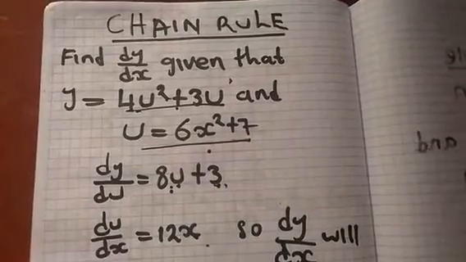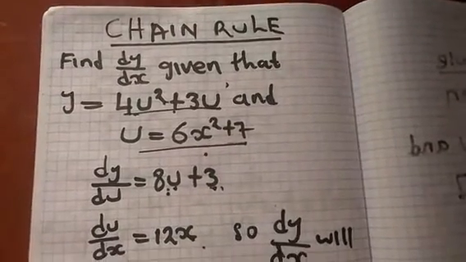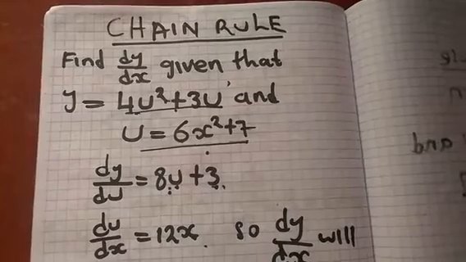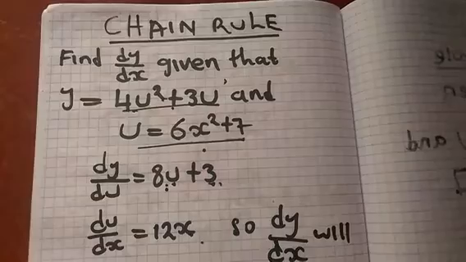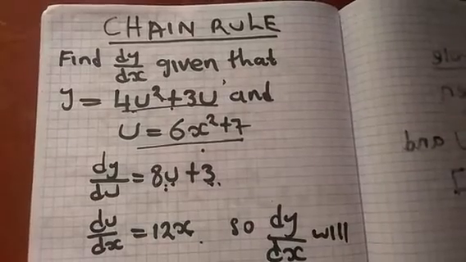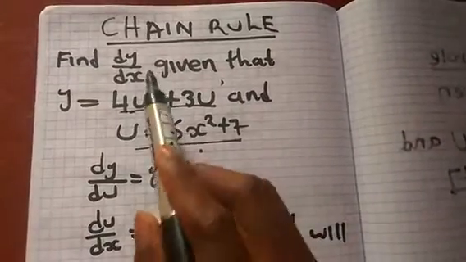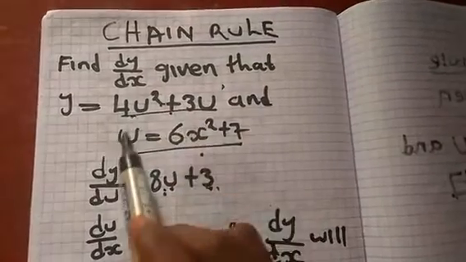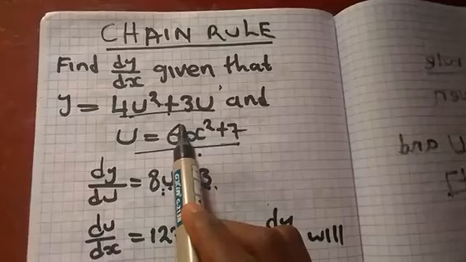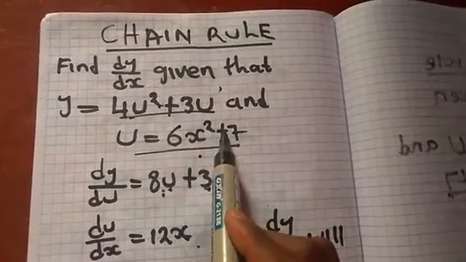We're going to talk about chain rule, and under chain rule there's a question here. Find dy/dx given that y is equal to 4u squared plus 3u, and u is equal to 6x squared plus 7.